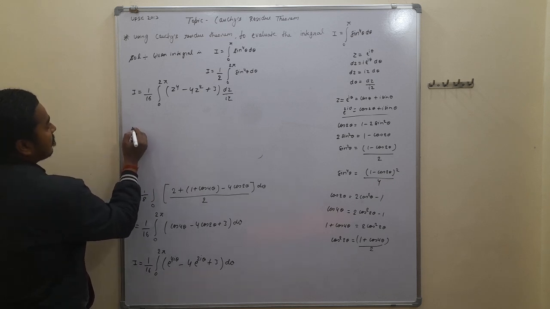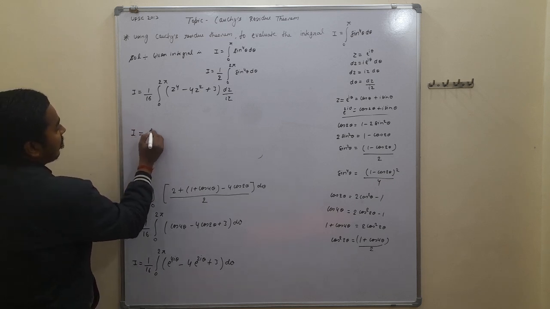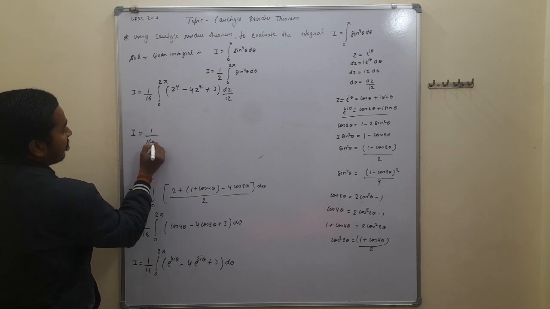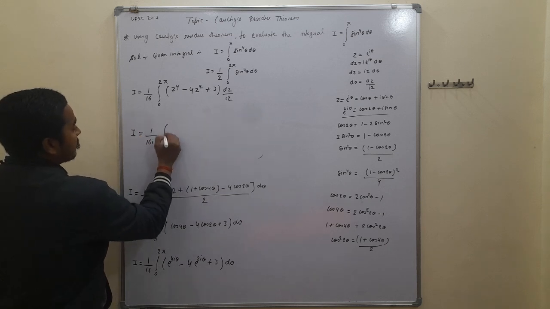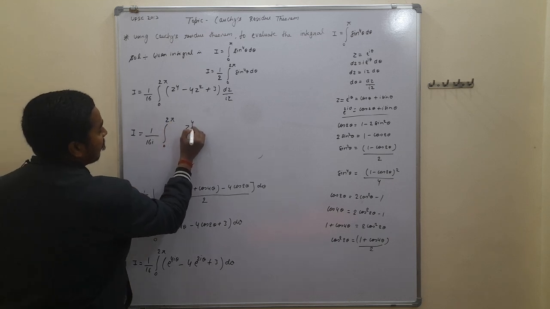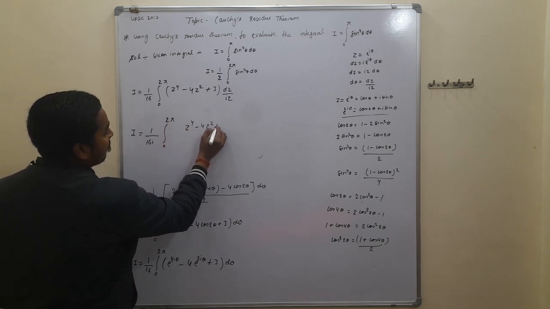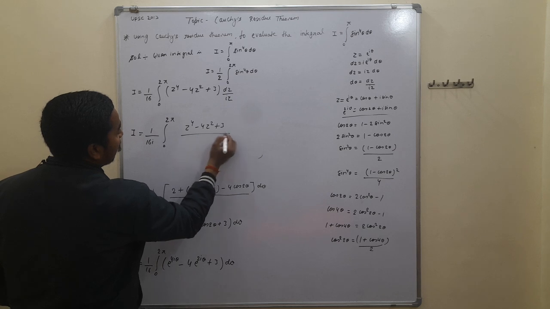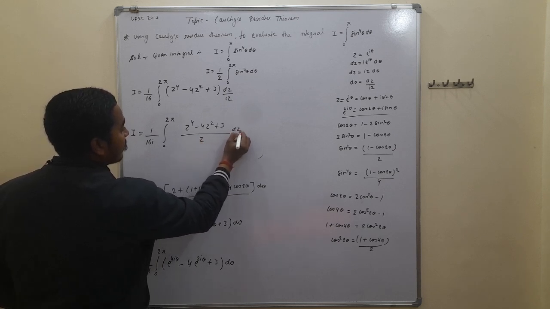Further we have to solve. Here, this gives I is equal to 1 upon 16i taken outside, and the integral of z to the power 4 minus 4z square plus 3 upon z dz.